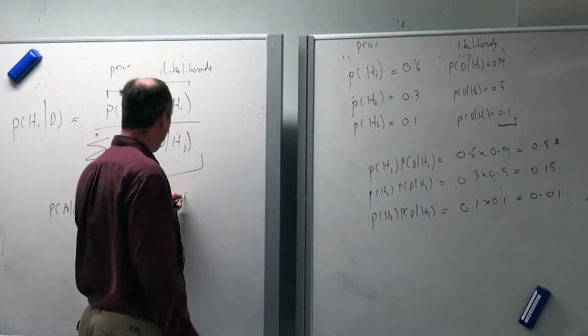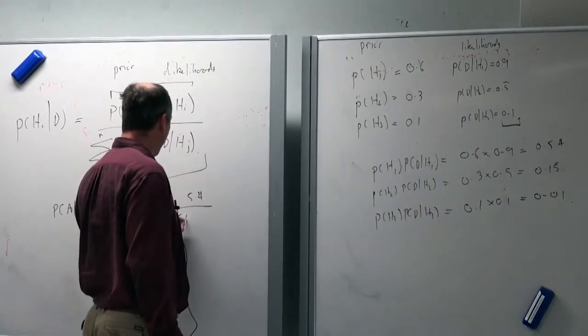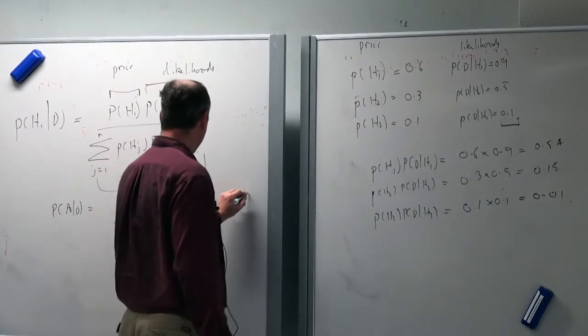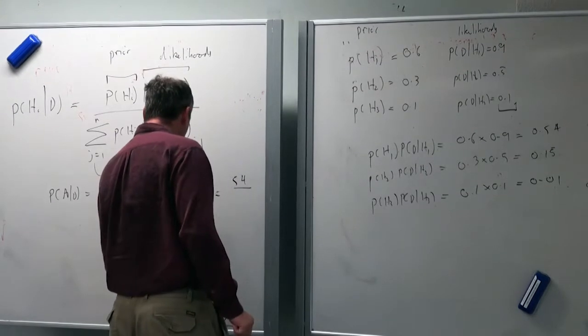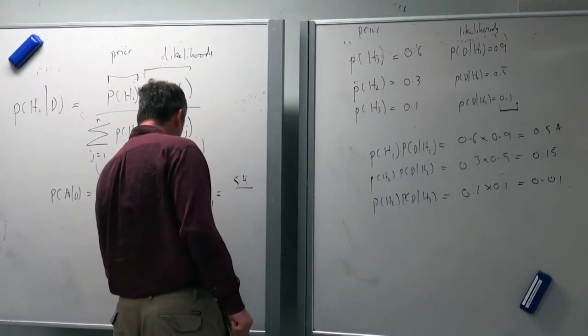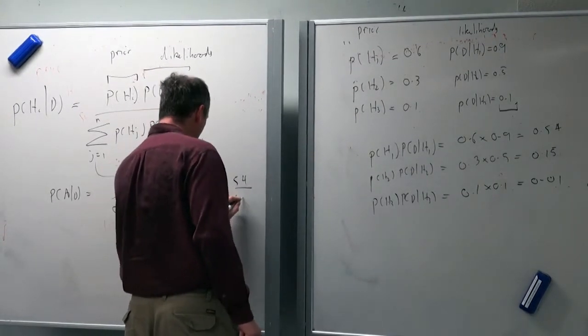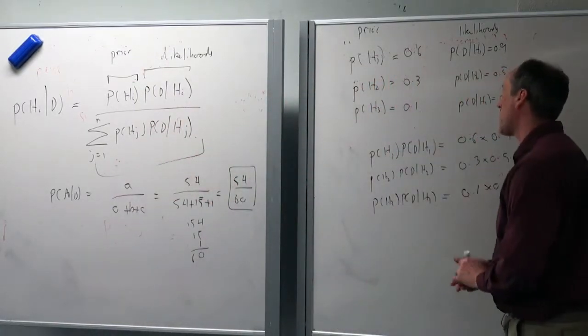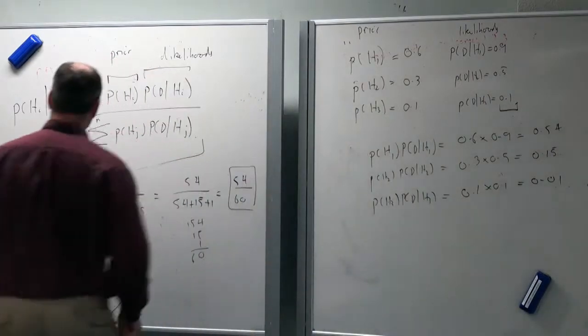Equals 54 over 54 plus 15 plus 1, which is 54 divided by 60. All right, just going through Bayes' theorem, just dead easy like that.